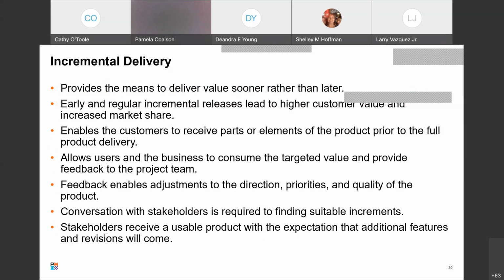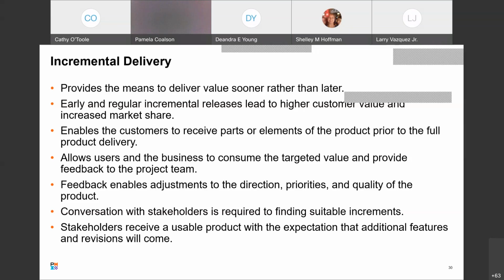It allows users and the business to consume the targeted value and provide feedback to the project team. This feedback enables adjustments to the direction, priorities, and quality of the product. Conversation with stakeholders is required to find what the suitable increments are, and stakeholders receive a usable product with the expectation that additional features and revisions will come.